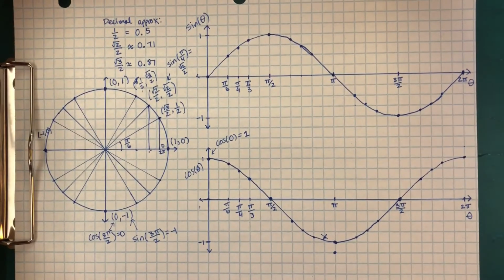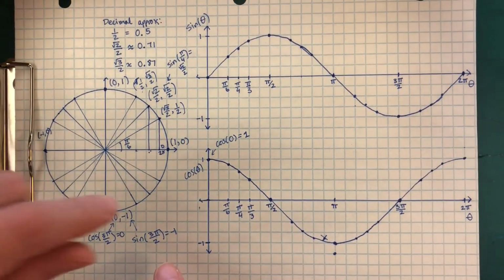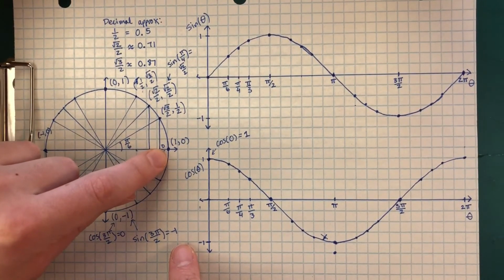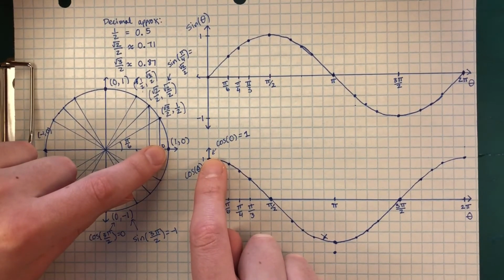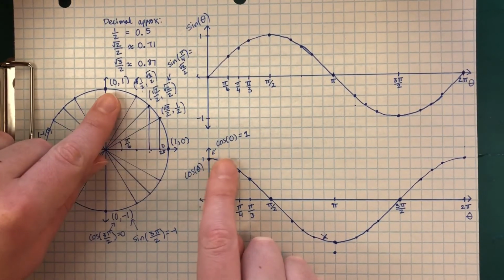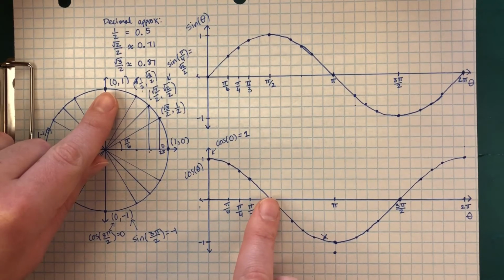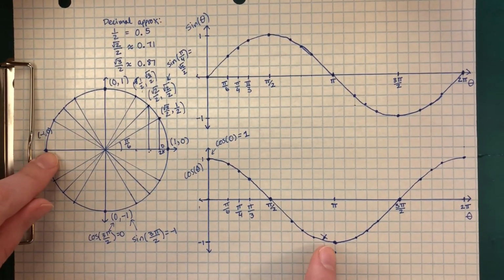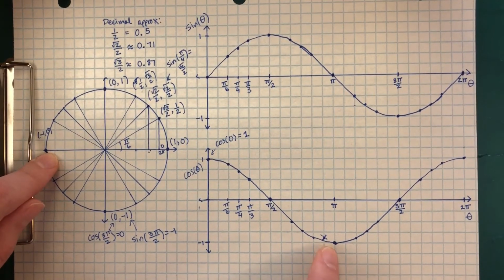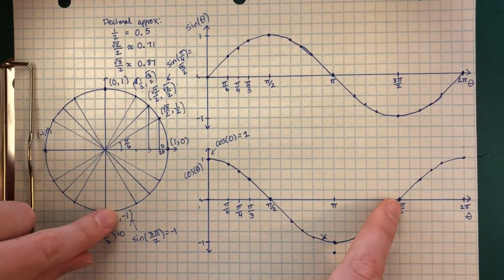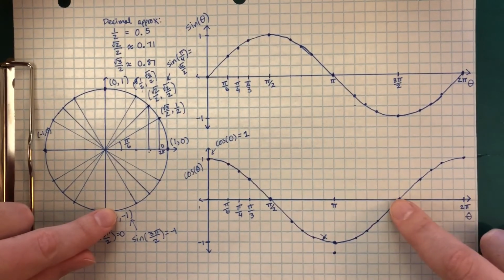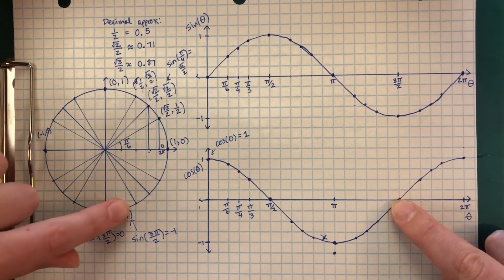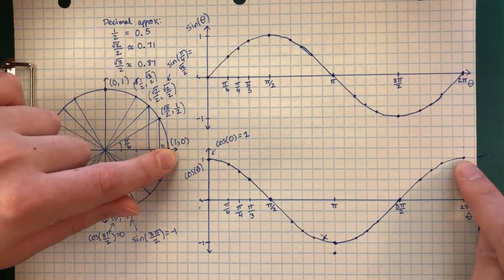So this shape is describing what happens to the x-coordinate as we move around the unit circle. The x-coordinate starts at +1, then it decreases to equal 0, then it keeps decreasing and becomes negative until it gets to -1, then it starts to increase until it gets back to 0, and then it increases again until the x-coordinate again becomes 1.